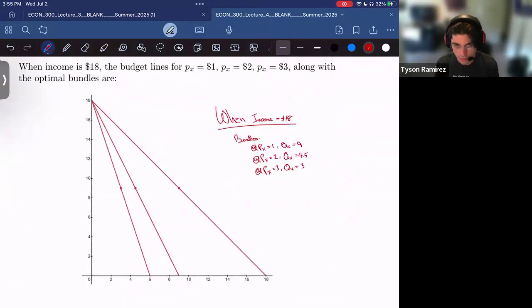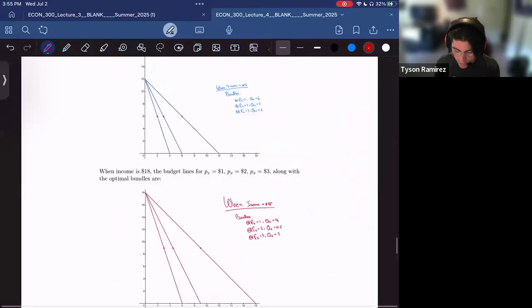All right. So we have demands at different price levels. And we have in the blue the lower income of $12. Meanwhile, in the red is at an income of $18. All right.